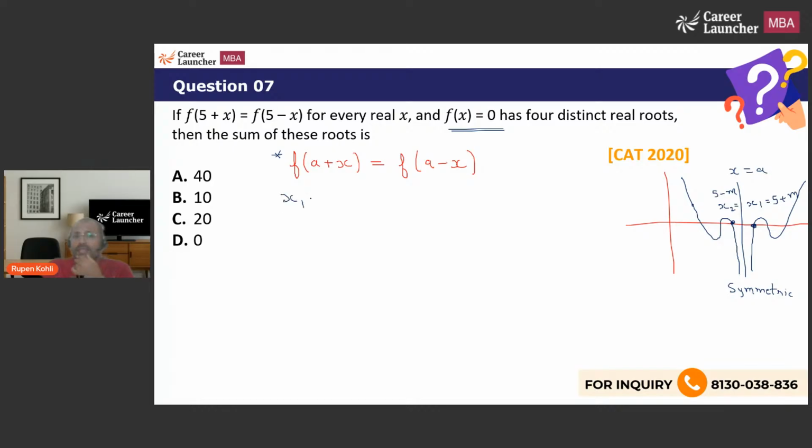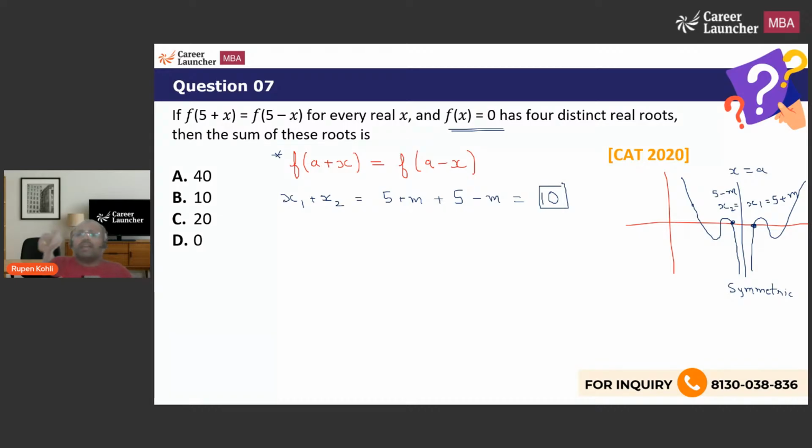So can I say the sum of these two roots, x1 and x2, is 5 plus m plus 5 minus m? Are you now understanding? Yes, we are getting close to the answer. The sum of these two roots is 10, irrespective of where these roots are actually situated, since they are symmetric around x equal to 5. So the sum of these two roots should always work out to be 10.